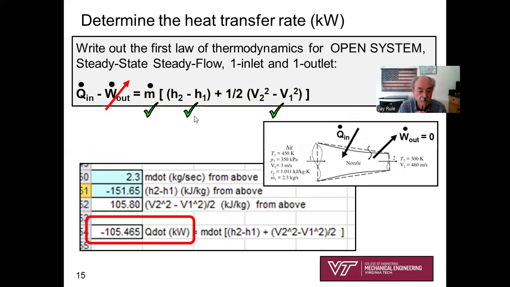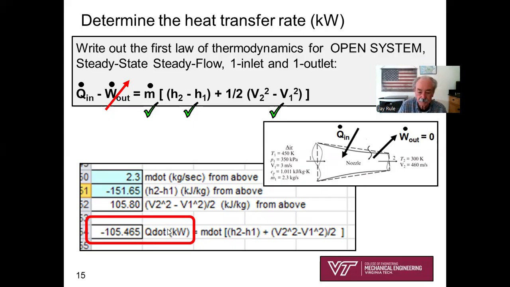Now we're back to applying the first law to solve flat out for the heat transfer rate. Q dot CV equals minus W dot out, which is 0, plus m dot, we've got it, times h2 minus h1, we've got it, plus one half V2 squared minus V1 squared, we've got it, and in the correct units. So here we go, just plopping that down. And so Q dot CV is negative 105.5 kilowatts.